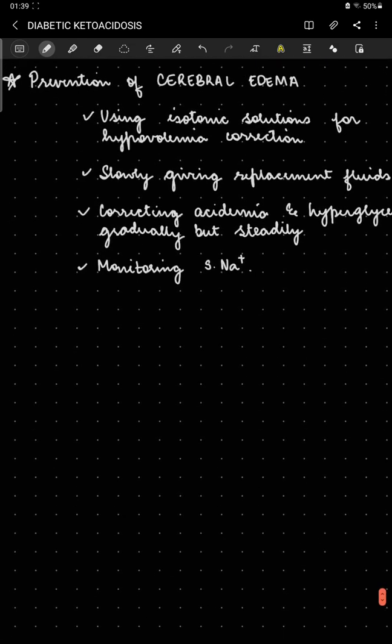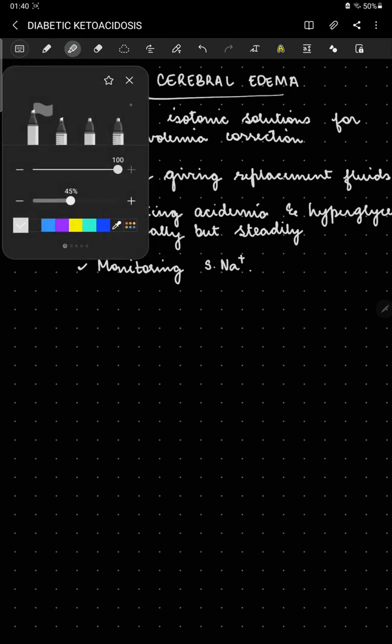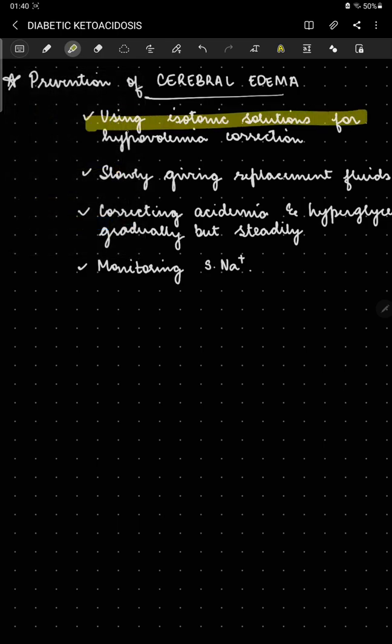Few pointers. We have already discussed the prevention of cerebral edema, but there are a few precautionary points. The first is you have to use isotonic solution for hypovolemia correction. Also, give the replacement fluid very slowly.